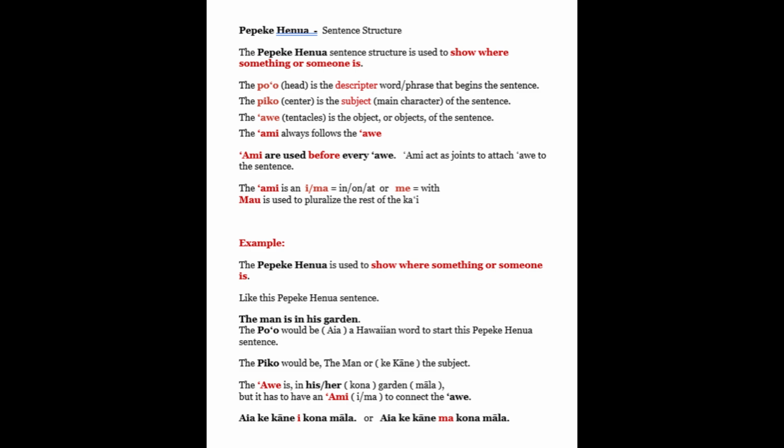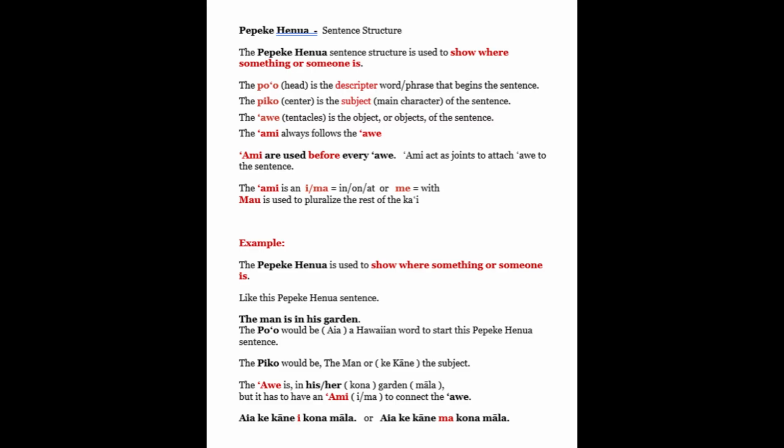Now, keep in mind that metaphor of the octopus: the po'o, the head, that's the descriptor word. The piko is the center, the main character of the sentence. The ave are the tentacles or the objects of the sentence, and the ami connects the ave, which makes up the whole sentence.